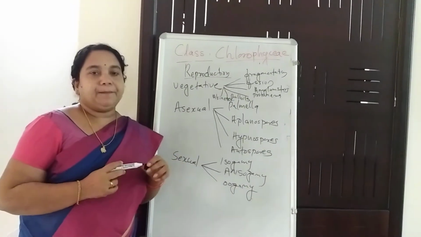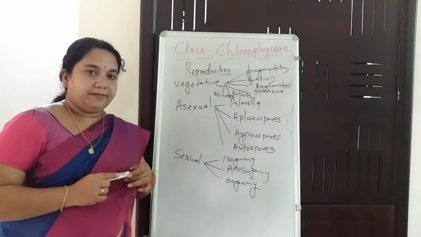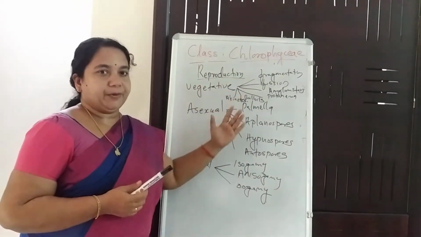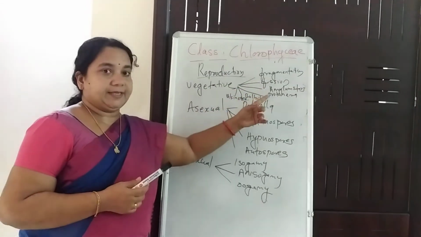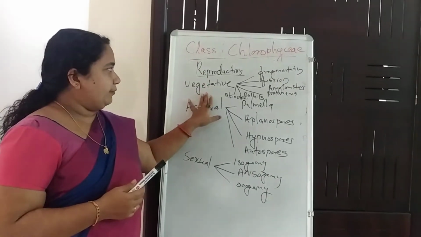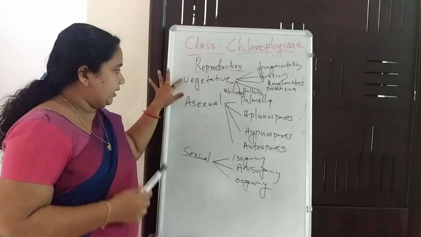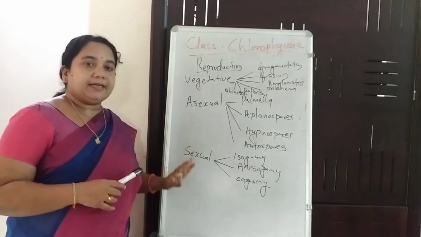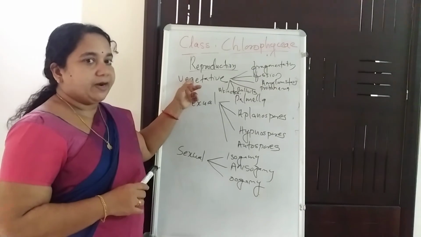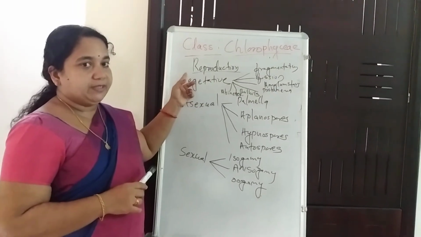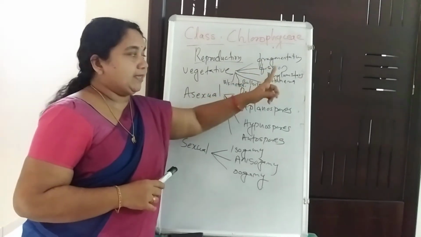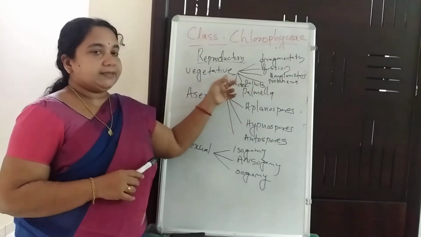Okay, then about the reproduction. Reproduction also we deal with in detail, but we have to find out what the reproductive methods in Chlorophyceae are. We studied the reproduction in algae as such. So you have to identify that reproduction. There is vegetative reproduction, asexual reproduction, and sexual reproduction. Of this vegetative reproduction, students, what are the different types of vegetative reproduction we studied? There is fragmentation, fission, amylum stars, protonema, bulbils, akinetes.